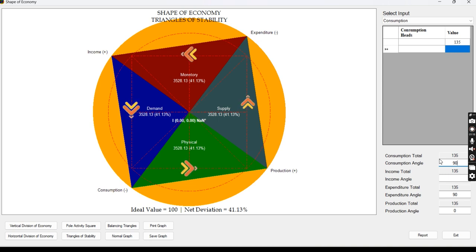So now you will find that the earlier square within the sphere of the economy is almost the same. It is not actually the same, but here you will have to understand the significance of the center point. Earlier, whenever you made the changes, the deviation, because ideal shape has an ideal center point.